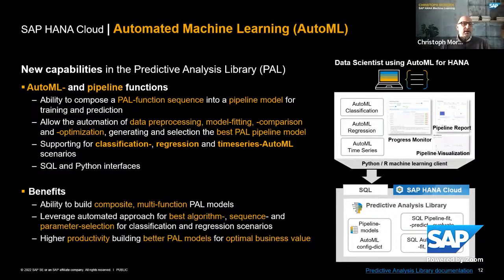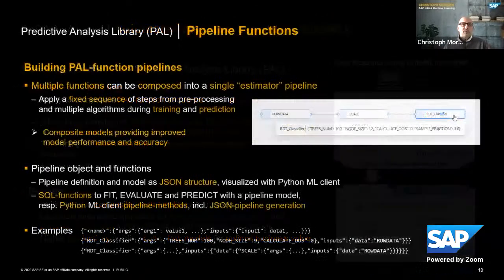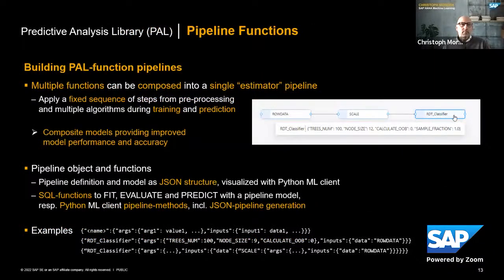We have SQL, Python, and R interfaces. And the targeted benefit is basically the productivity of the data scientist or the expert to build even better PAL machine learning models for increased business value. So now let's have a closer look at the individual capabilities, starting with the pipeline functions.